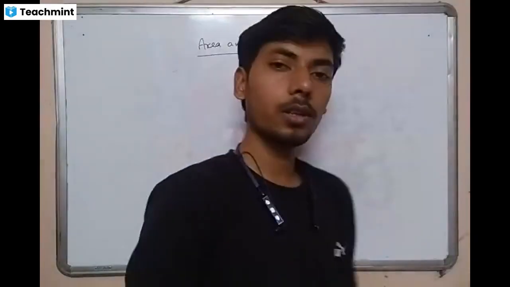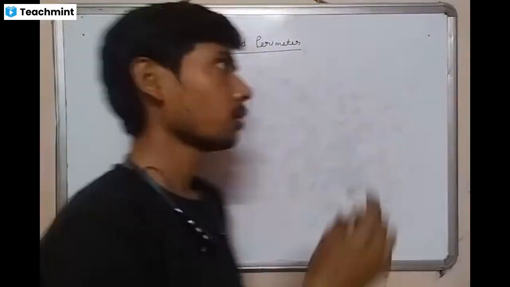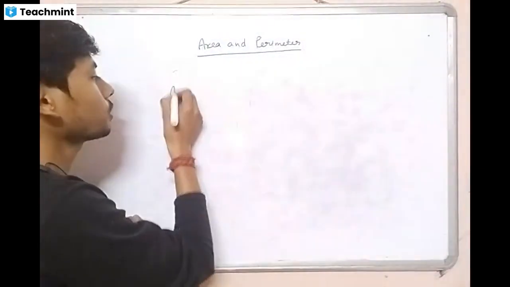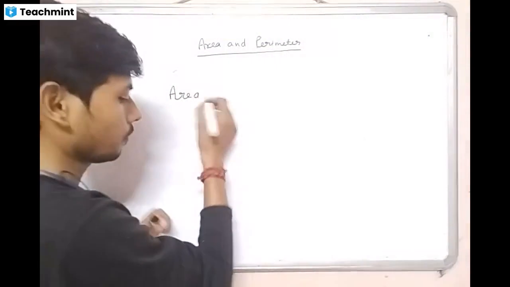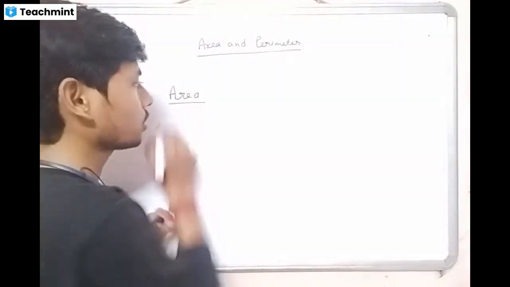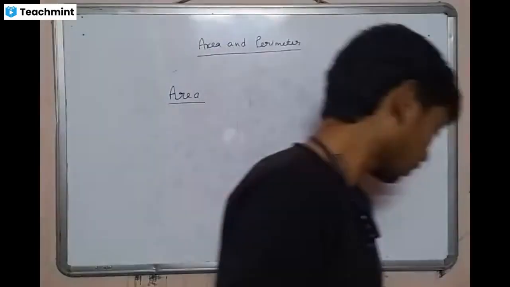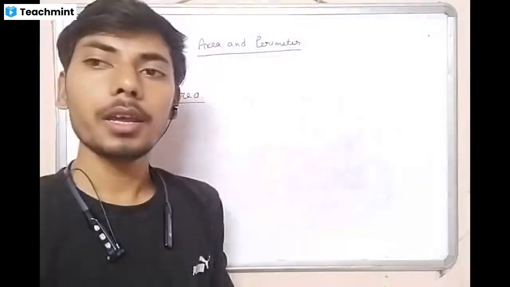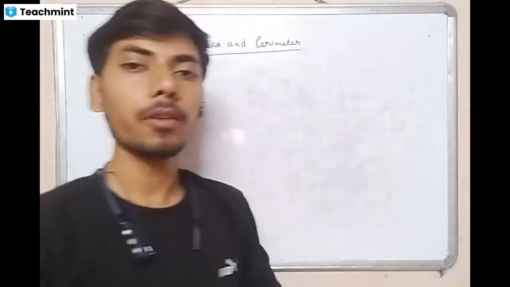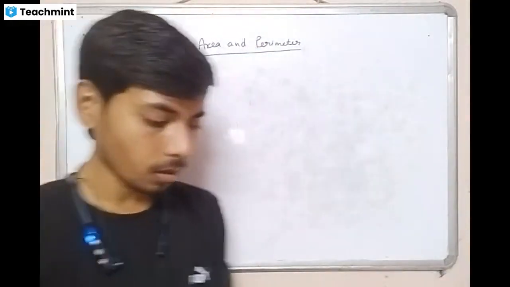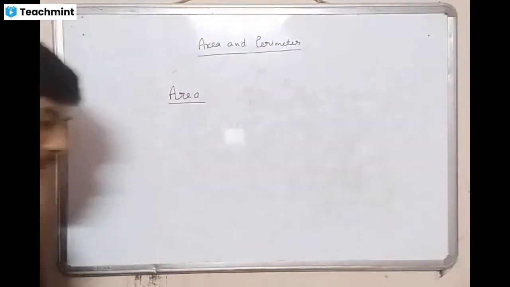First of all, let us discuss what is area, then perimeter. Area of a plane figure is the total space enclosed by the boundary.